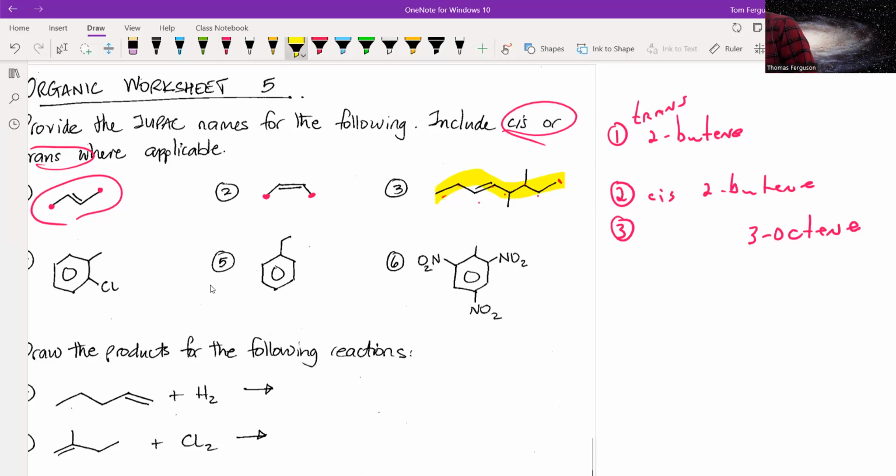So it's going to be 5,6-dimethyl 3-octene. And notice it's in the trans position.